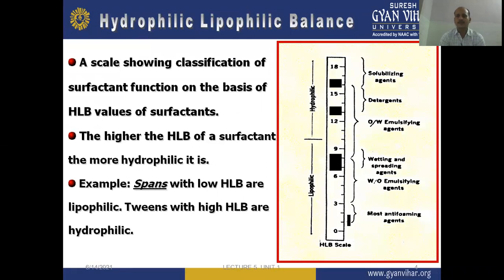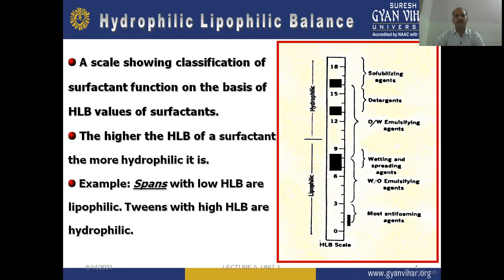Now, first of all, starting with the HLB, hydrophilic, lipophilic balance. It is an arbitrary scale having 0 to 20 points, which was given by the scientist Griffin.